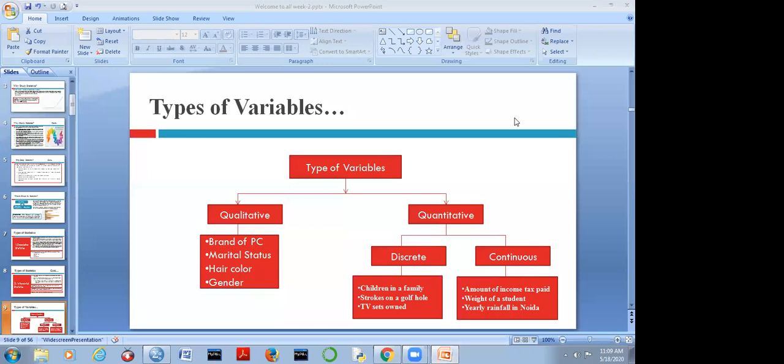Okay? Strokes on a golf hole. The stroke is 1 stroke. Whenever a stroke is given, the count is 1.